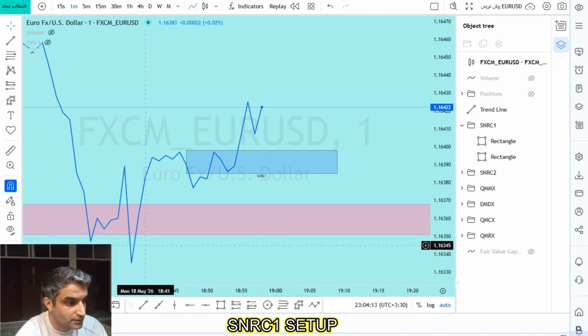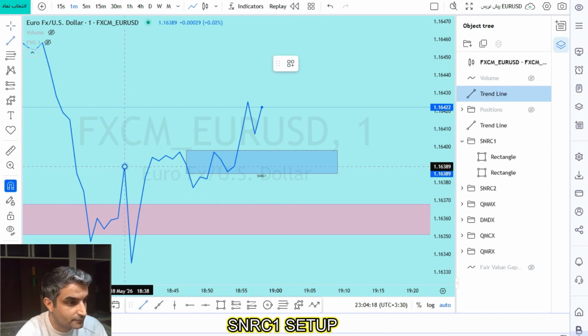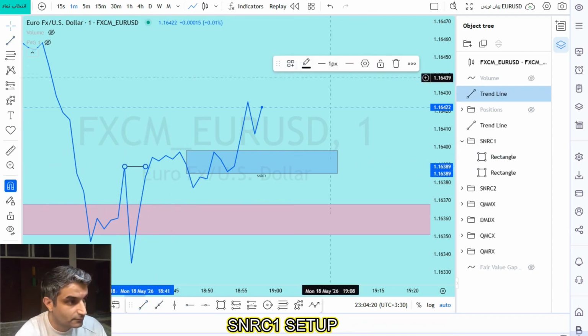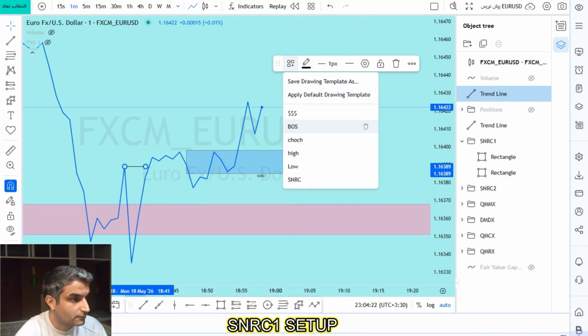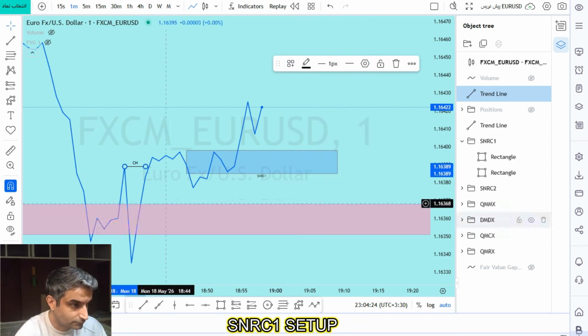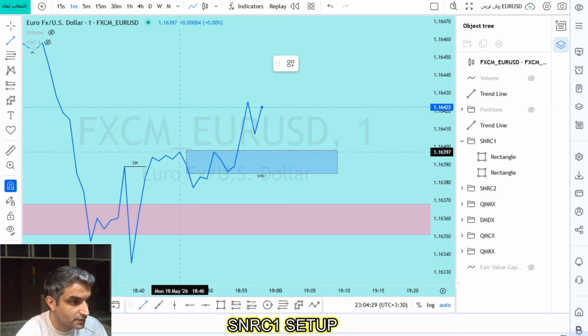Price has come here, had a change of character, again price breaks this area.